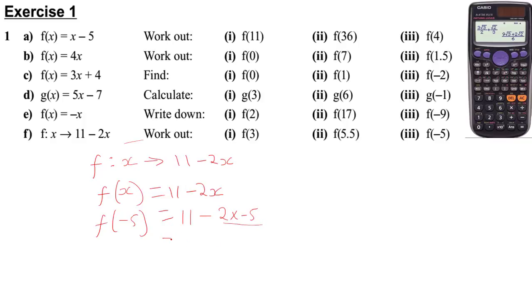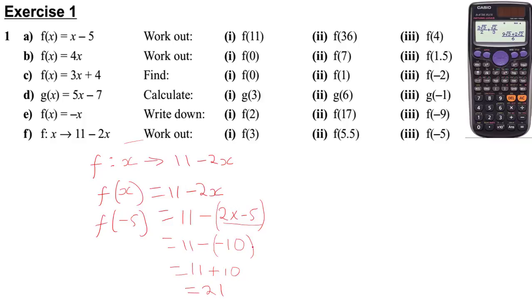Okay, so 11 minus 2 times -5 is -10. So this is what I'm ending up with if I were to bracket them. Now, if we have 11 minus -10, we know that when you have negative signs attached to each other like that, they normally become a plus. So your answer becomes 21.